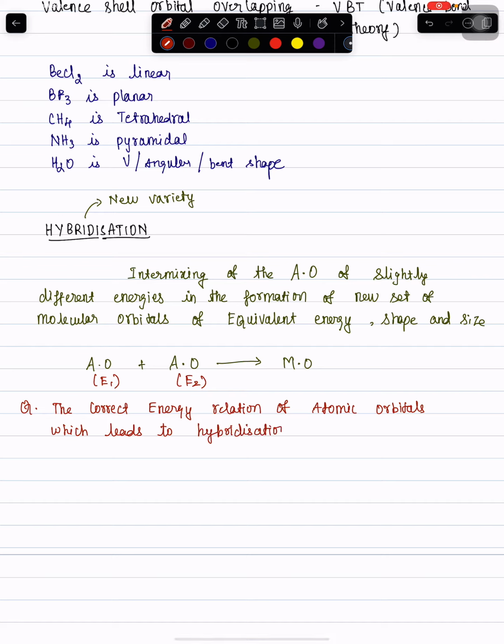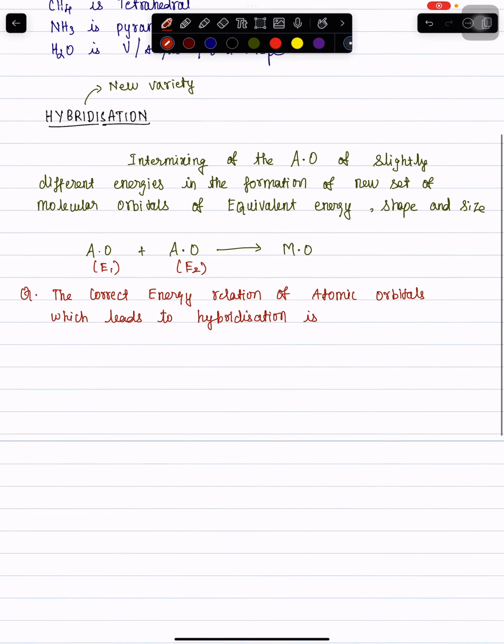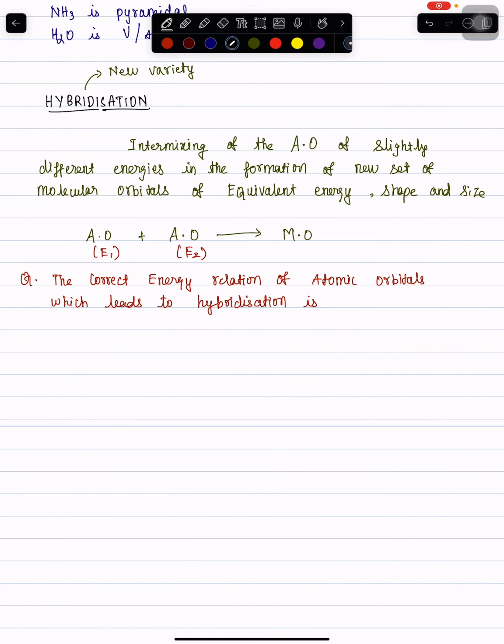The options are: E1 is equal to E2, E1 is greater than E2, E1 is lesser than E2, and finally E1 is approximately E2. Now you can guess the correct answer.